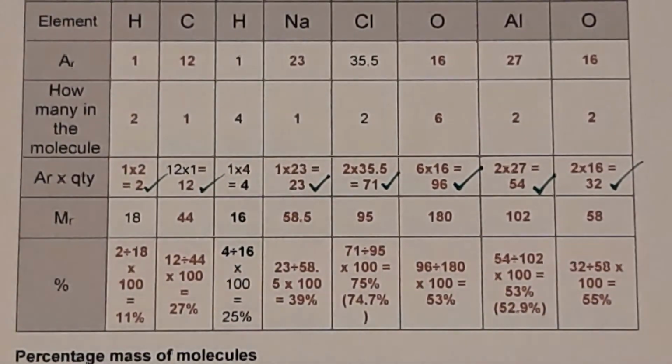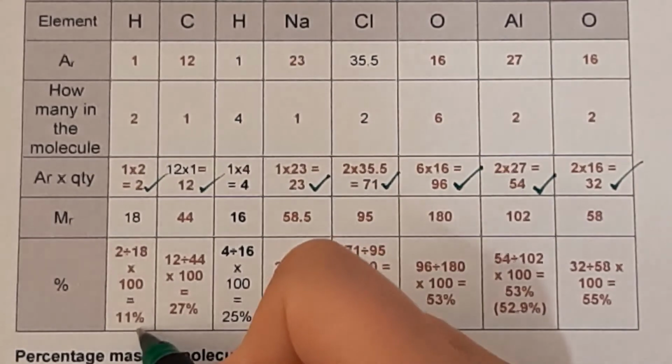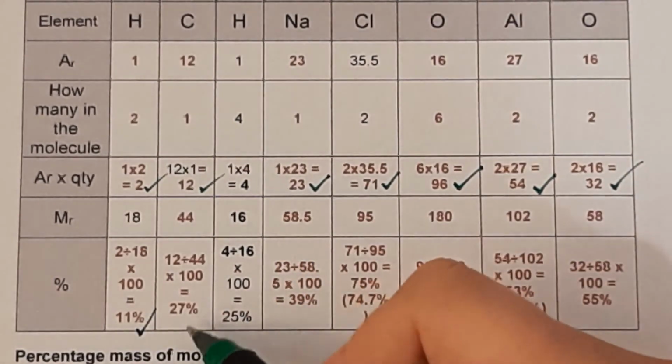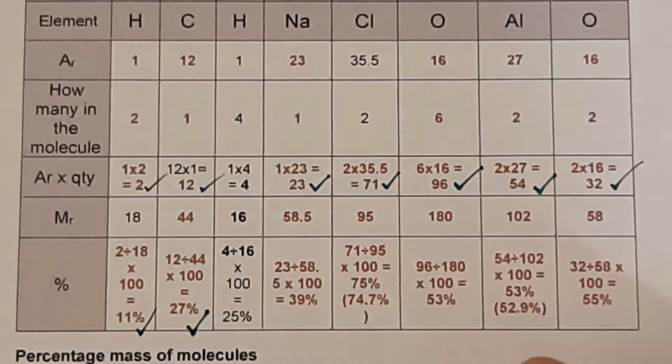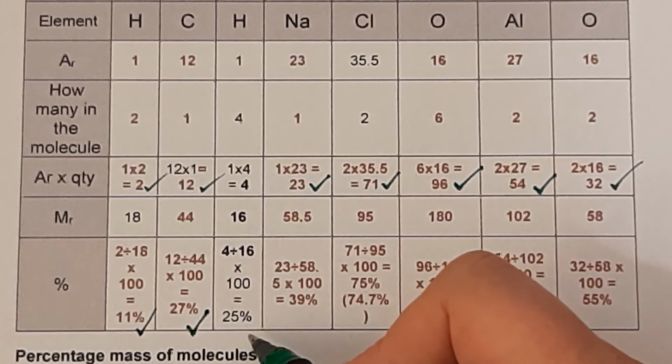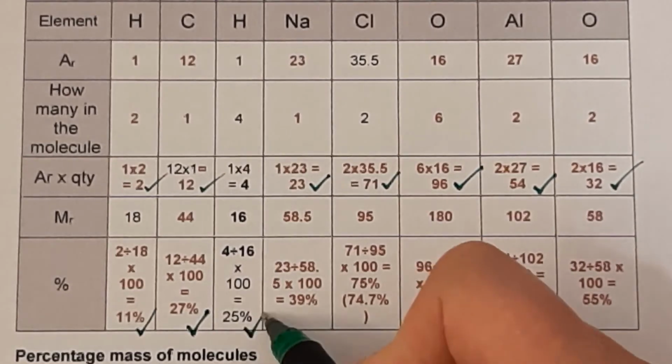Okay, let's go through those then. We've already done the first one. The percentage mass was 11%. The percentage mass of carbon in carbon dioxide is 27%. The percentage hydrogen mass in CH4 is 25%.